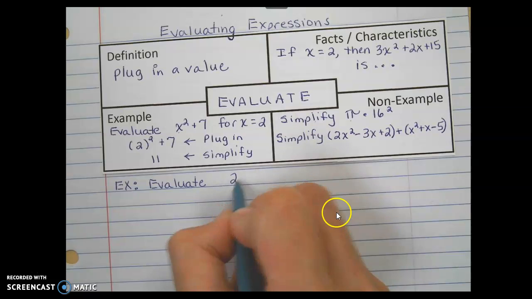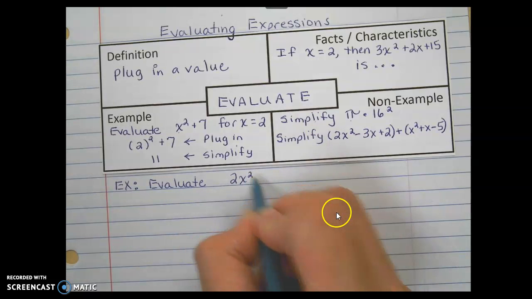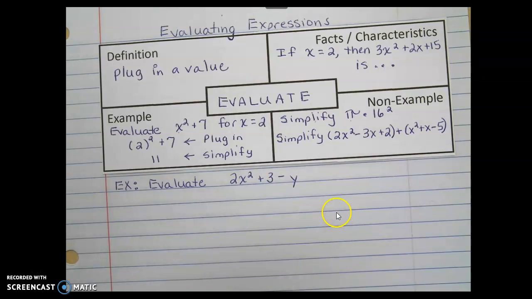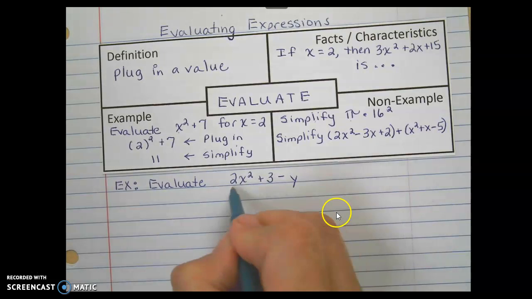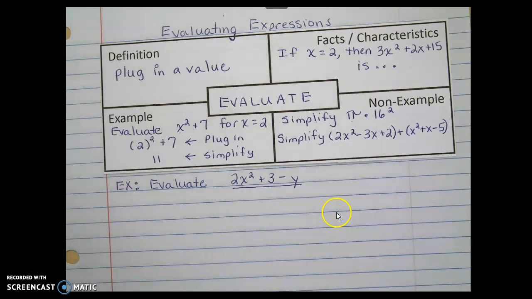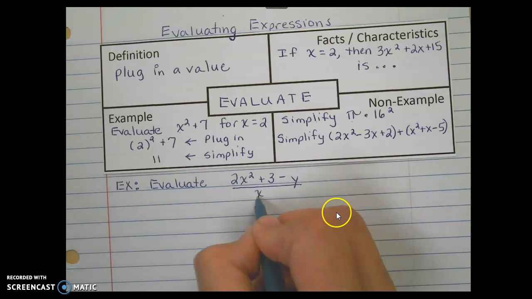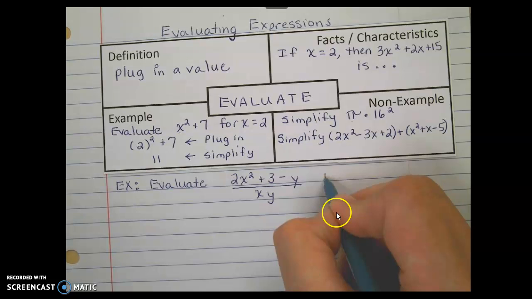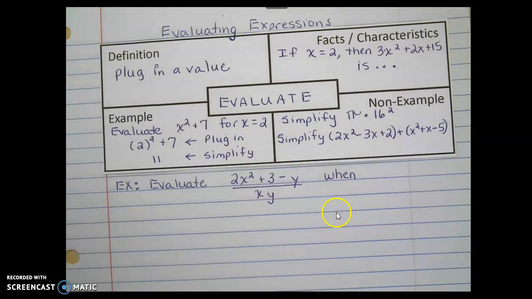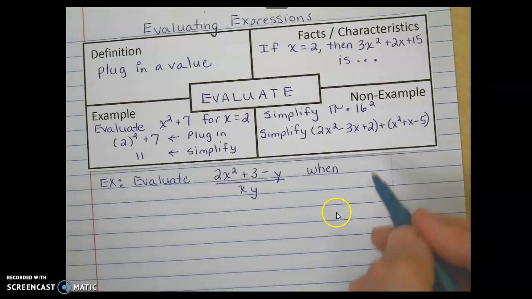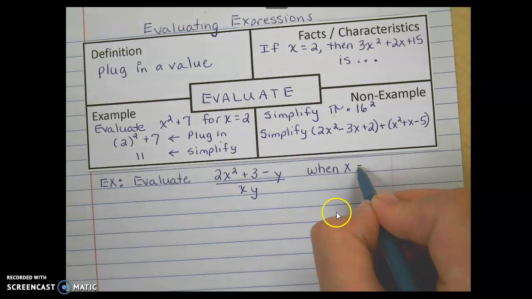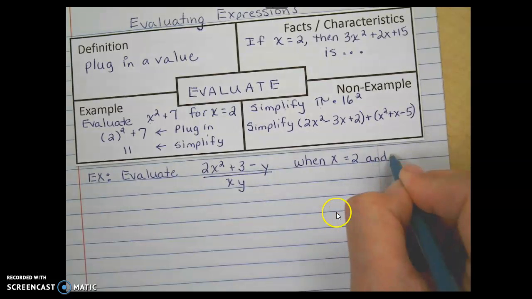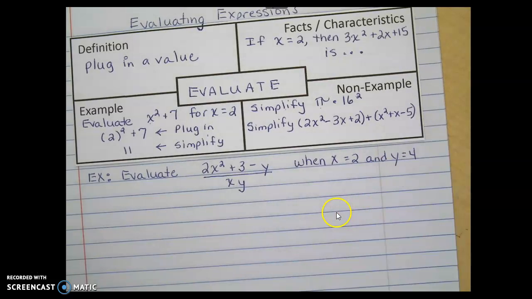This is our expression. 2x squared plus 3 minus y divided by, that's a fraction bar, x, y. When, now here they are giving us what has to be plugged in. When x equals 2 and y equals 4. Those are our replacement values.